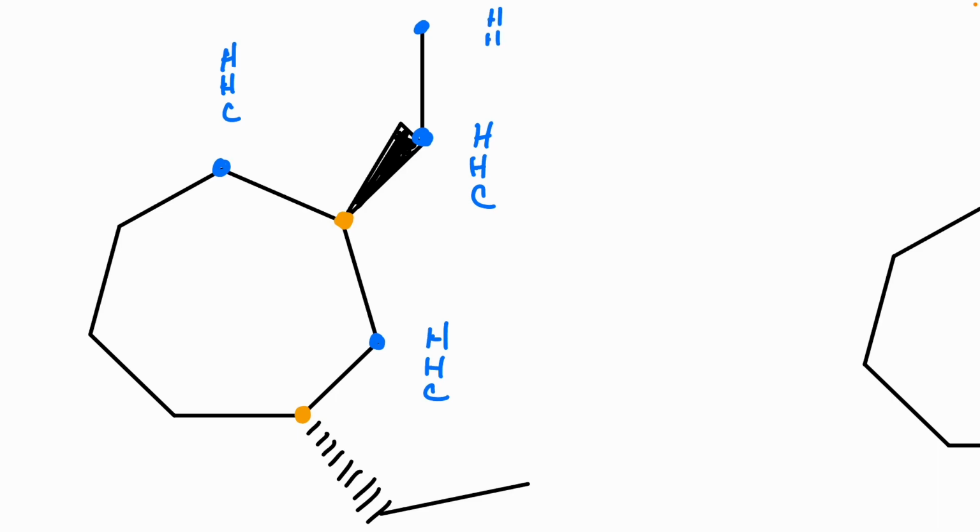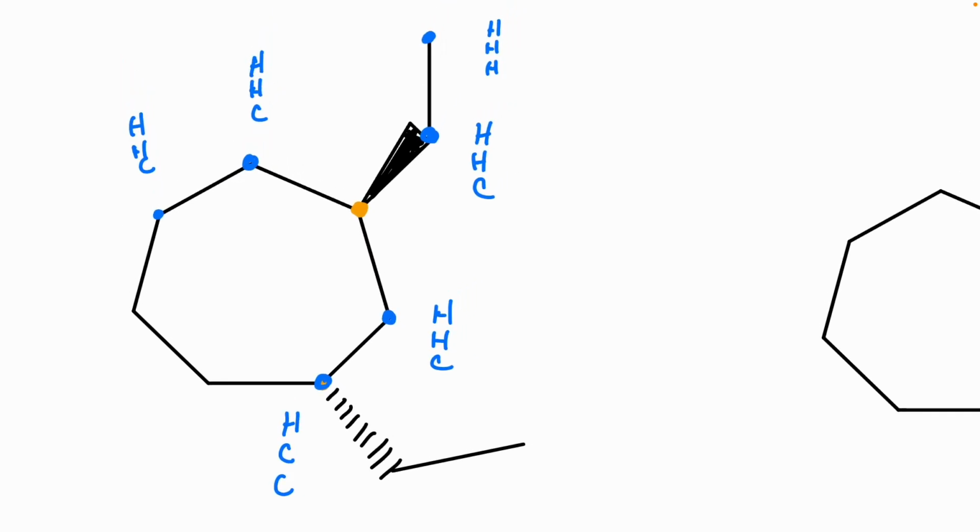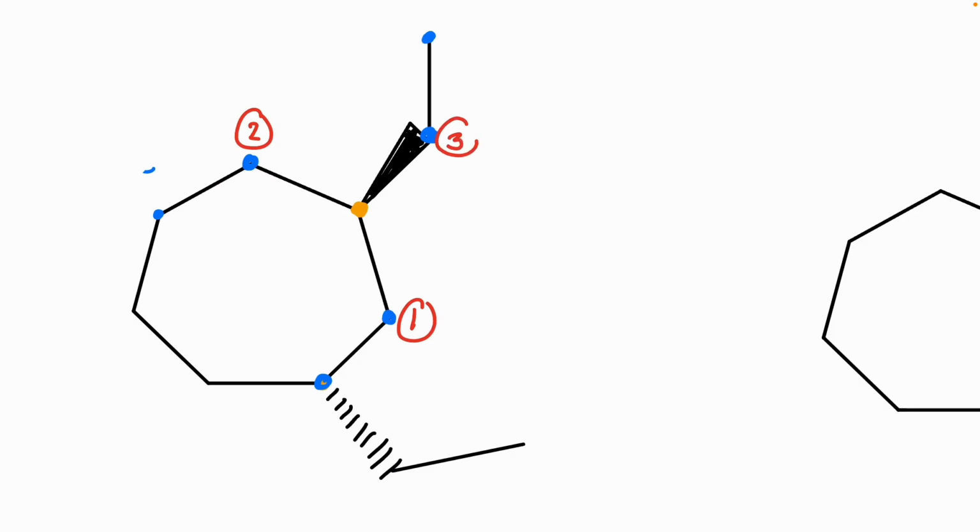This is now 3 H's. This is another HHC, and this one here is HCC, right? So again, you sort of break that tie. How do you know, if they all look the same, those branch points are going to increase the priority. So all that, again, to say that this is priority 1, this one's priority 2, and this one's priority 3.